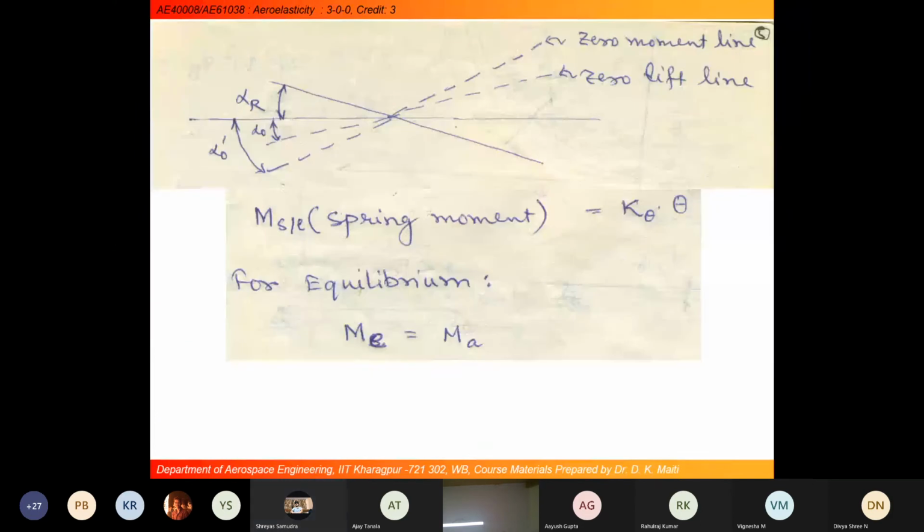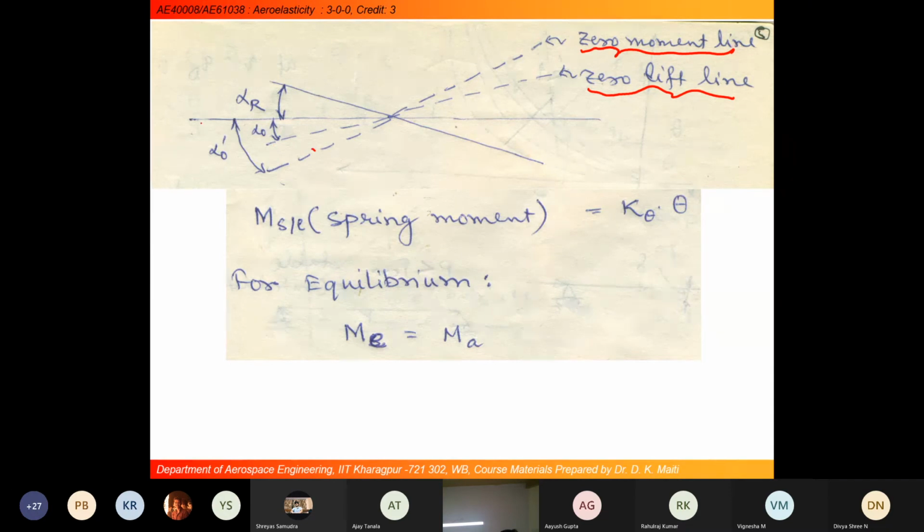Now I'm coming to this. If you look at what I have defined here, this is the zero moment line, this is the zero lift line, and then we'll have an angle of attack. Basically we have alpha naught, the zero lift line, meaning the angle of attack at zero lift. If we orient the aerofoil along this line, then no lift force will be generated.